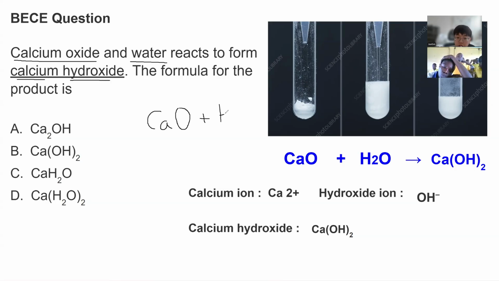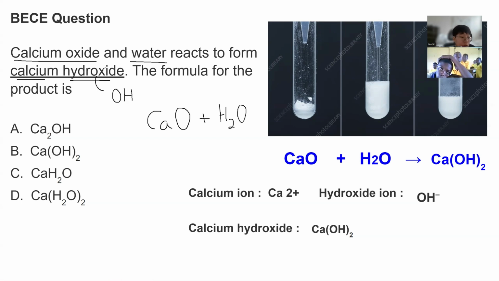It's just H2O. That's the formula for water. So this forms calcium hydroxide, and you just have to memorize what a hydroxide is. Hydroxide is OH.